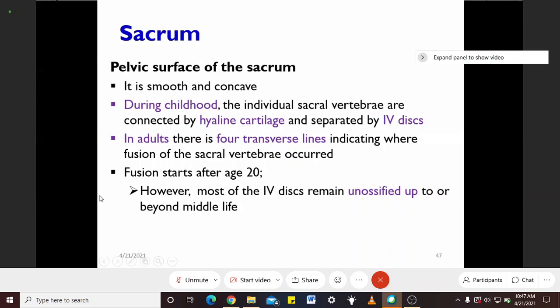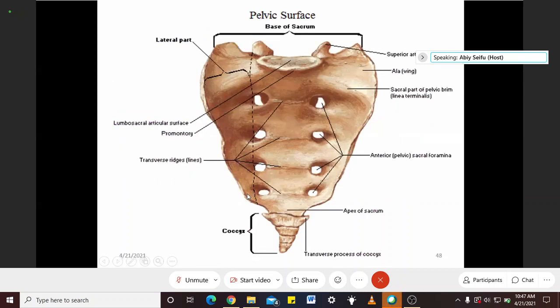The fusion of the intervertebral disc with the bones starts at the age of 20, but ossification may not be complete until middle age.